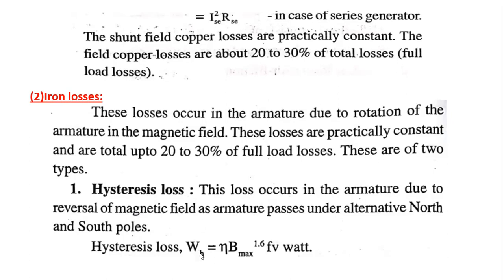Hysteresis loss Wh is equal to eta B max power 1.6 F V watts, where eta is the hysteresis coefficient, B max is the maximum flux density, F is the supply frequency, and V is the volume.